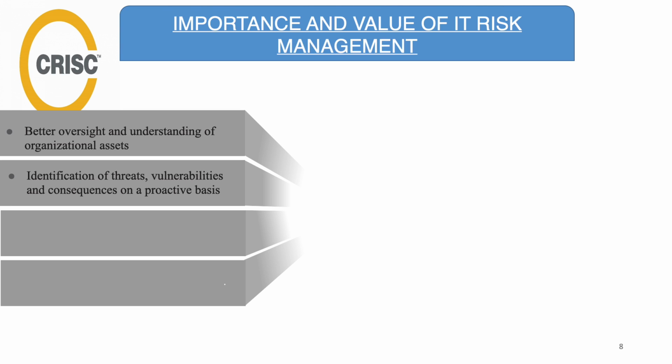Furthermore, you should incorporate these classification standards in your information risk management policy to save valuable time during the assessment. Moving further ahead, identification of threats, vulnerabilities and consequences on a proactive basis. In this, determine the threats and vulnerabilities capable of compromising your information assets' availability, integrity, and confidentiality.